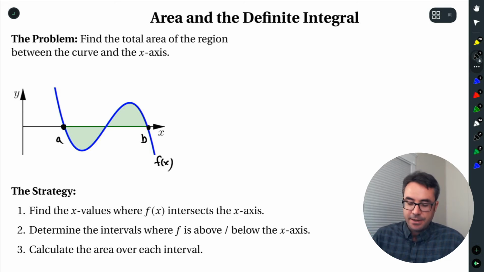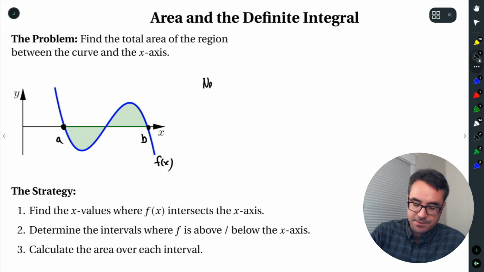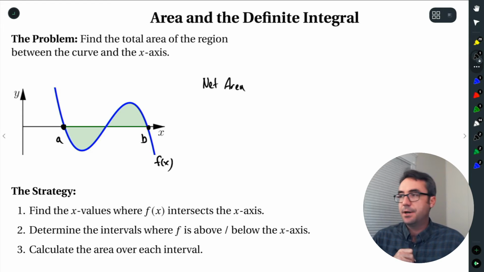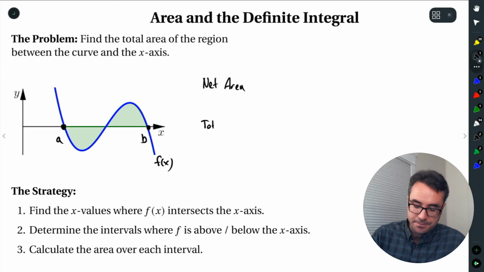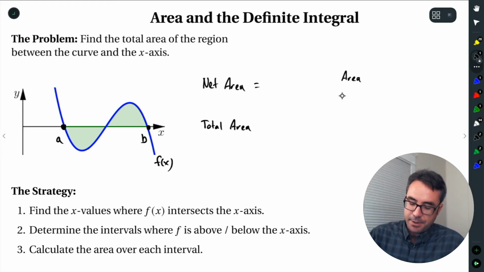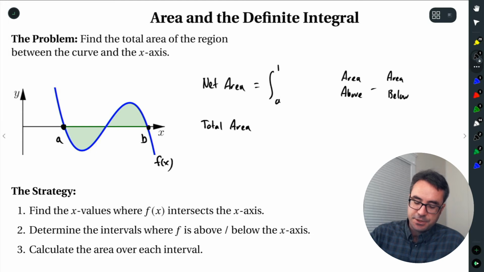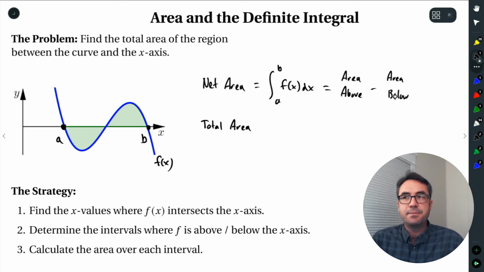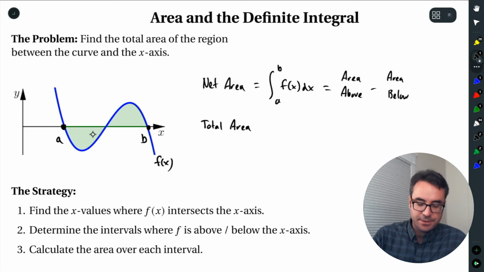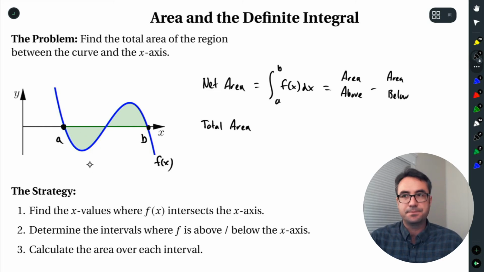So we're going to be interested in two different area calculations: the net area, which we just saw, and the total area. So the net area is the area above the x-axis minus the area below the x-axis. That's what we just defined, and we said that was just the definite integral of our function. So it's taking the area for this section and subtracting off the area for this section.